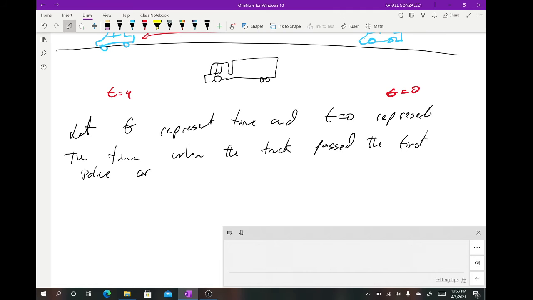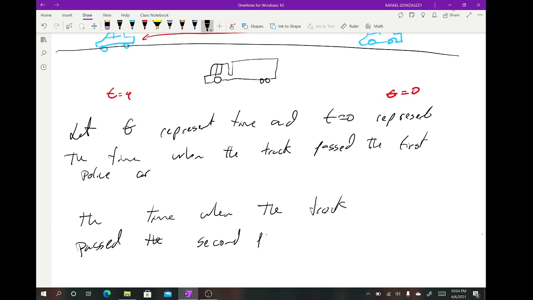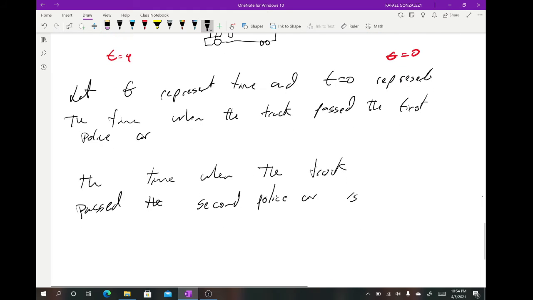Now, the time when the truck passed the second police car is actually given by the following.